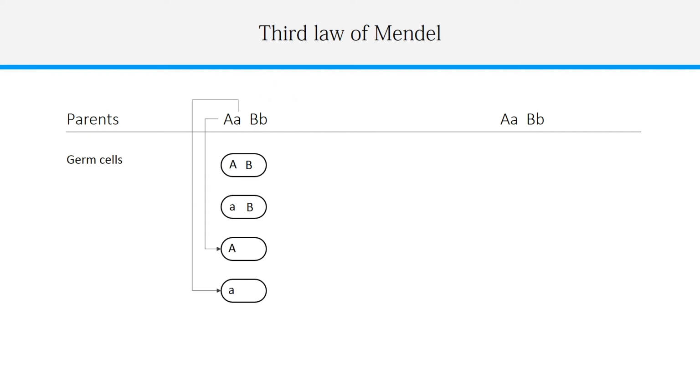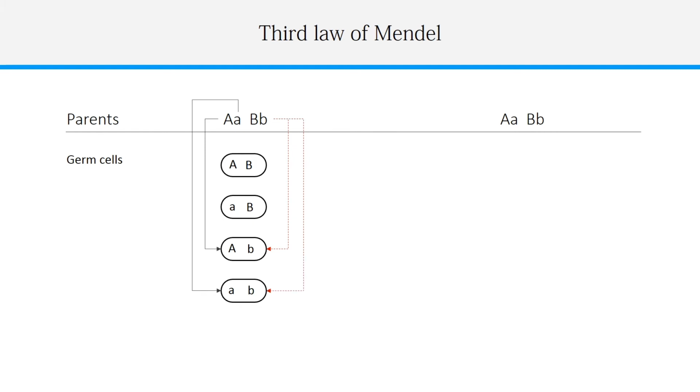For example, recessive gene b may be transferred into a cell that already has dominant gene A. And also, because transfer of gene b occurs independently from the transfer of gene A, recessive gene b may be transferred into the same germ cell that already has recessive gene a.